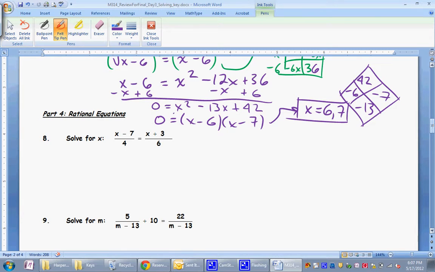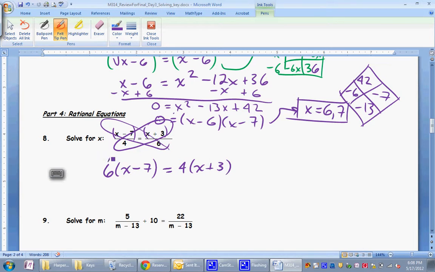For number 8, this is a rational equation. By rational equation, I mean that in the equation there are fractions, and x is involved in the fractions. I can cross multiply here. The one thing you want to remember is that you cannot forget your parentheses around these factors. Otherwise the problem is going to end up not working out how you want it to. Because the 6 gets distributed both to the x and to the minus 7.